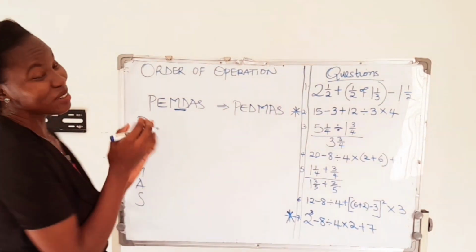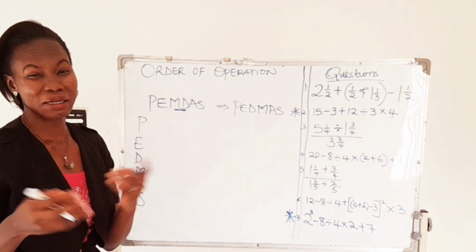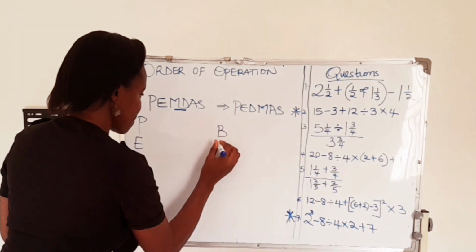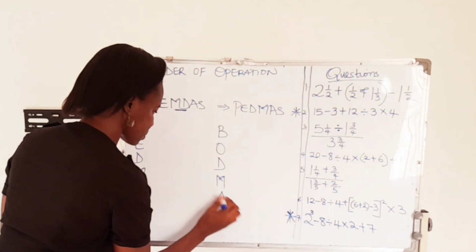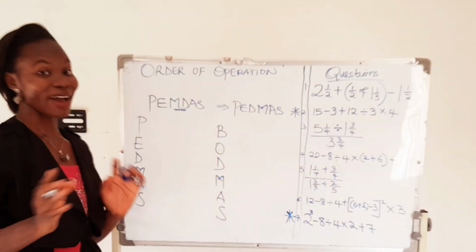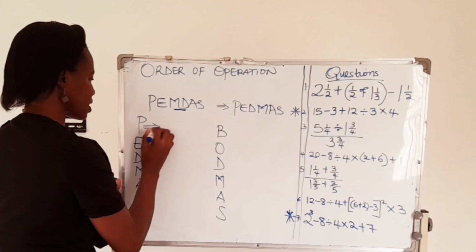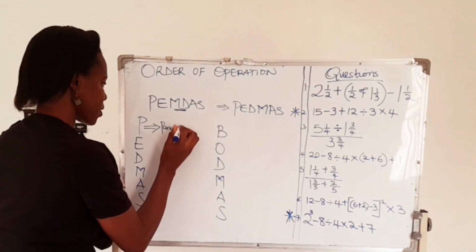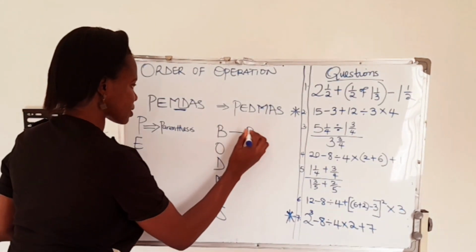So this one is what the US uses. Then the UK, India, even Nigeria will use BODMAS. But they are saying the same thing. Here, the P stands for parentheses, which is the same thing as bracket.